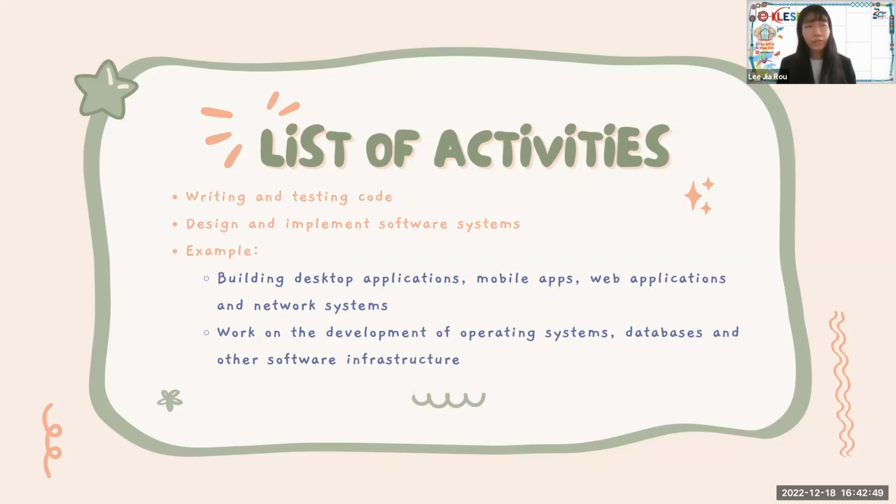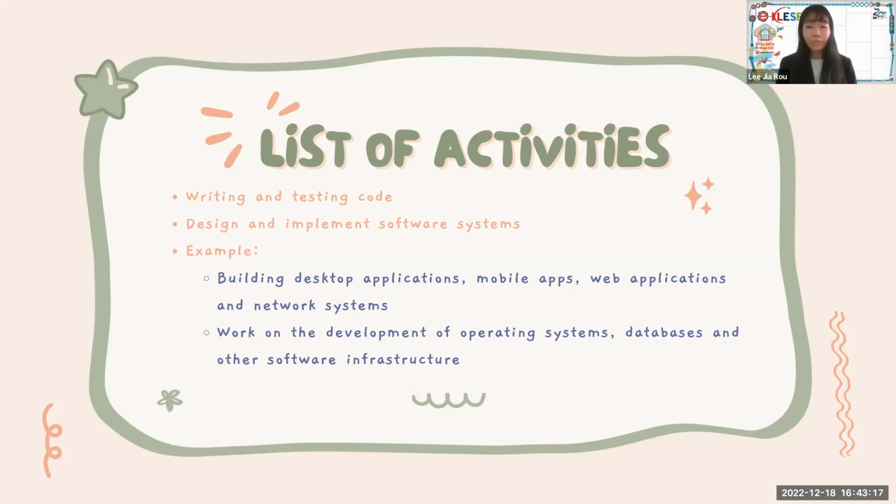For example, the current trend would be, if you have heard of TikTok, Instagram, Facebook, those are the mobile apps that you can take as a reference to develop in the future, if you have an idea. Then also web applications and network systems.